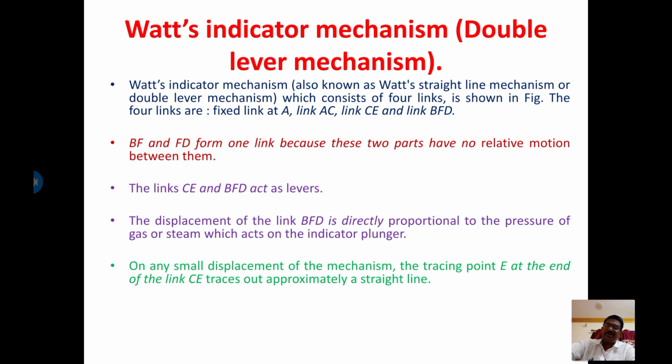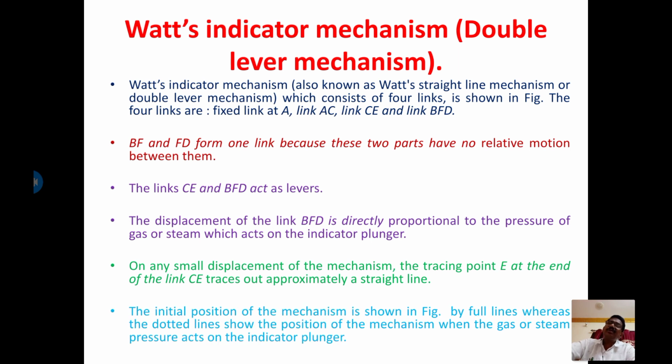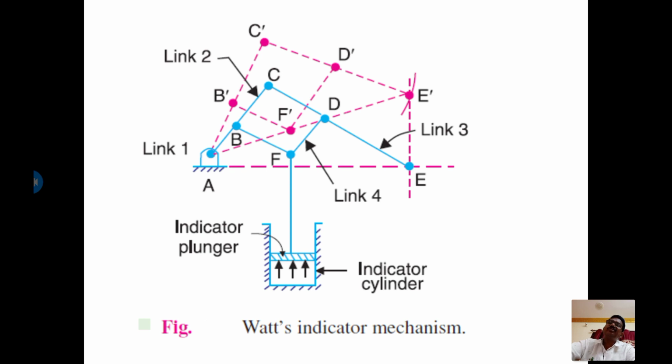So Watt's indicator mechanism is an approximate straight line mechanism, because E is approximately moving in a straight line. The initial position of the mechanism is shown in the figure by full lines, whereas the dotted lines show the position of the mechanism when the gas or steam pressure acts on the indicator plunger. Now we are observing this figure.